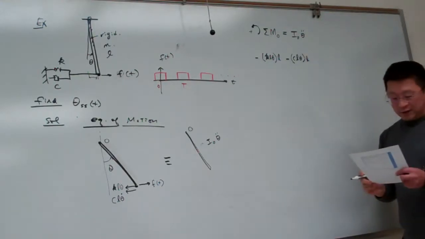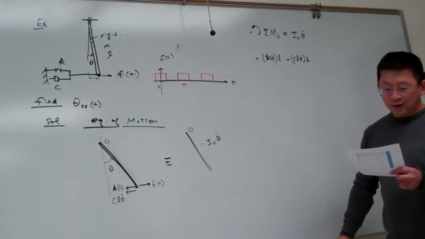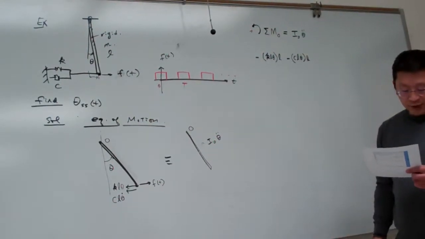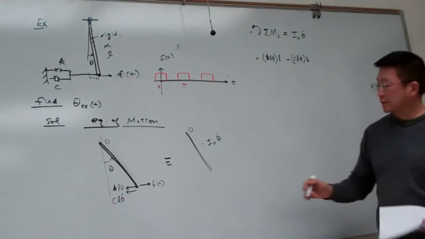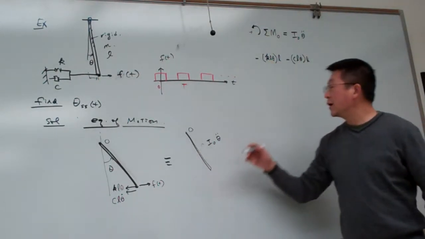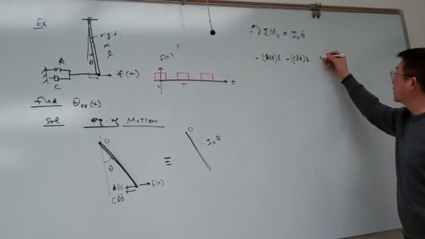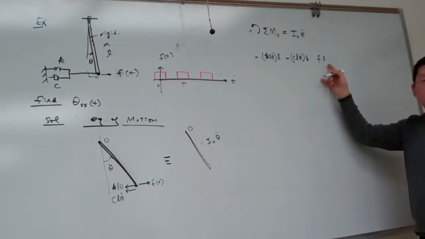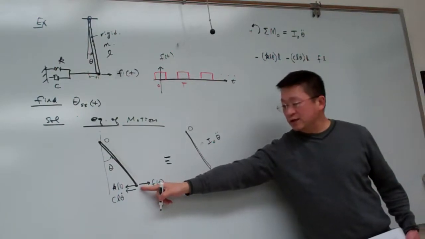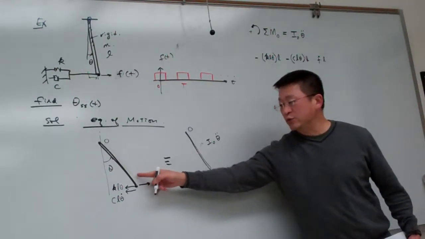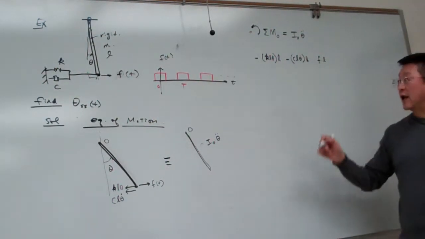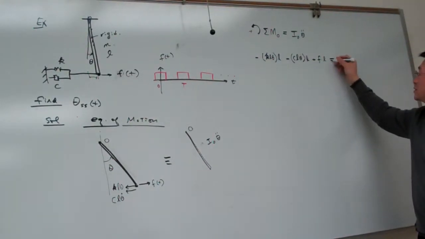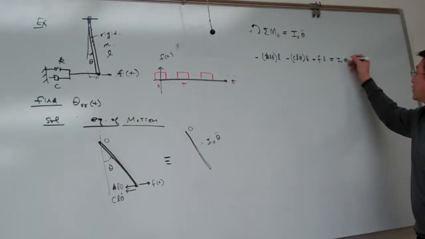The third one is F, a force multiplied with L. This is the moment contributed by the externally applied force, producing a counterclockwise moment, so it is positive. The whole thing is equal to I_O theta double dot.